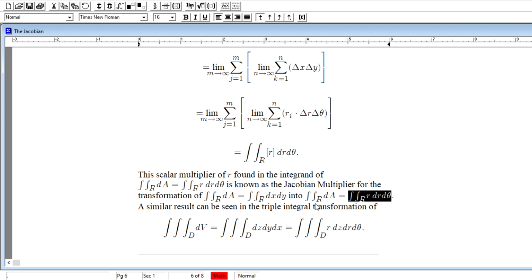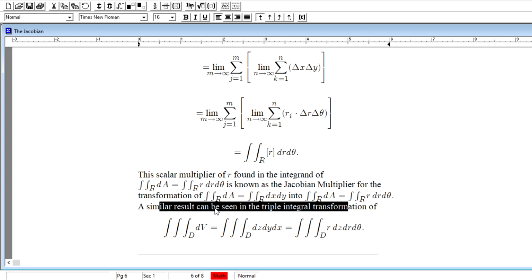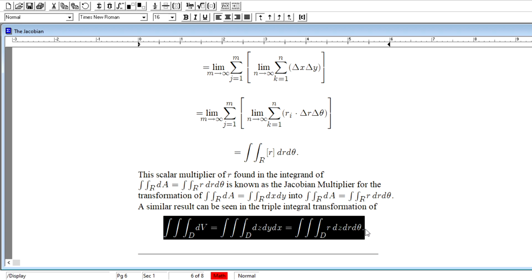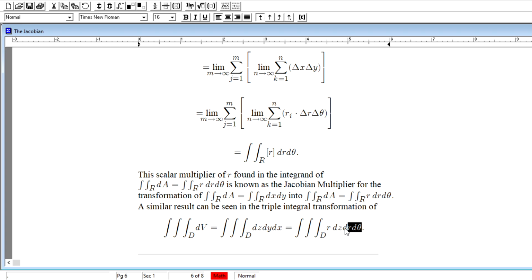And a similar result can be seen for the triple integral transformation that we have when we look at the triple integral over region D with respect to the volume of D. When converting from that rectangular context, dz dy dx, that Jacobian multiplier incorporates itself into that integrand due to the linear transformation, or the approximate linear transformation, we have going on between r and theta into x and y.